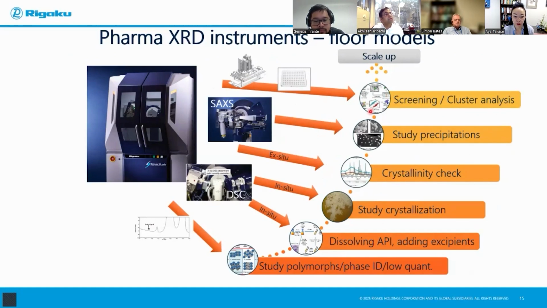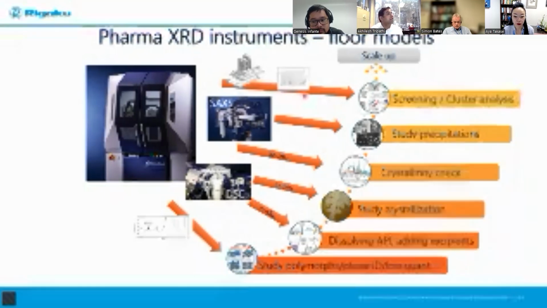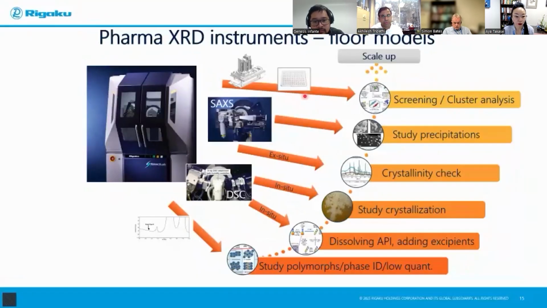Screening or cluster analysis, where you can screen a lot of pre-formulated drugs or something in solution format, extending to a function of temperature. You can study precipitation. Ex situ studies you could do to check crystallinity. You could do in situ studies of two types, study the crystallization using XRD-DSC, which we will delve into.